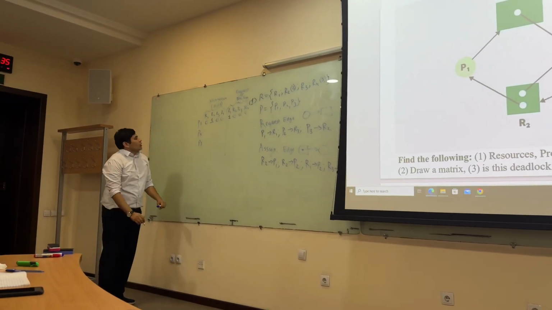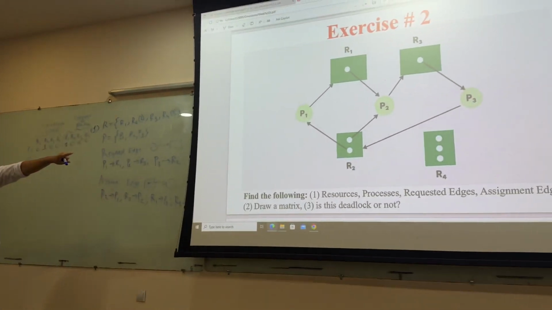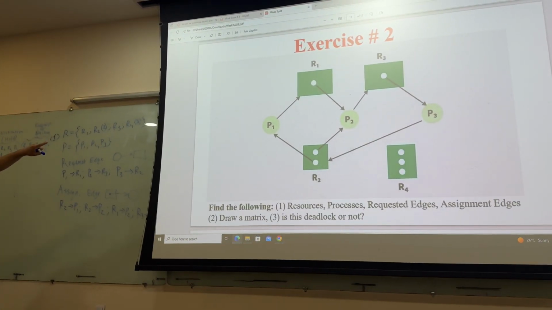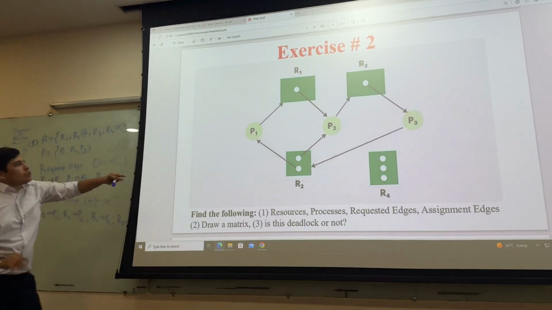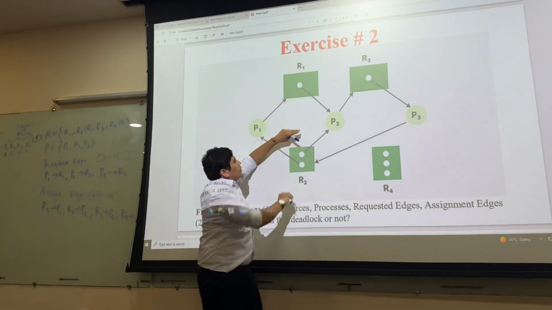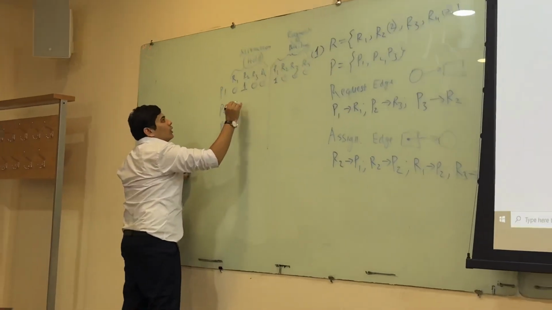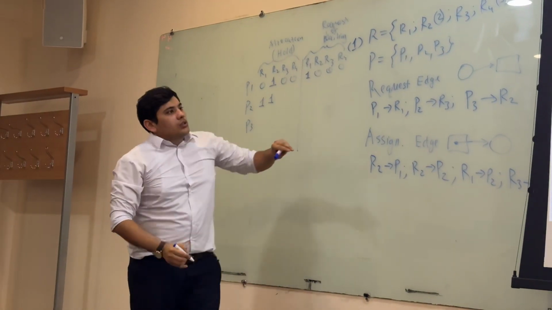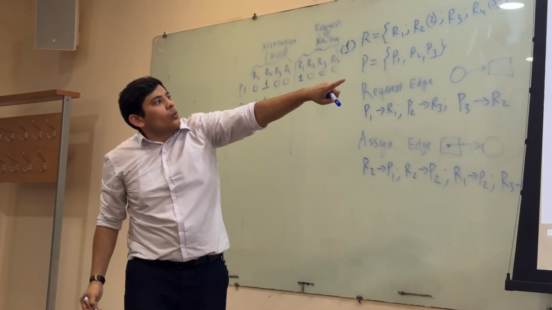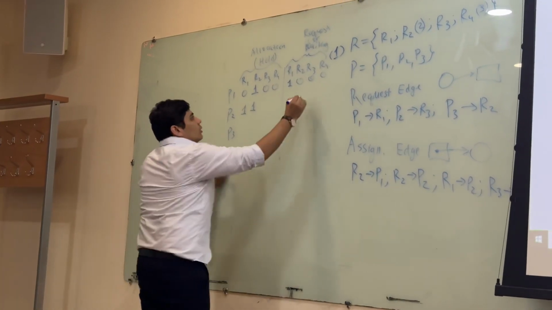And P2 is holding R1 and R2, so R1 is 1 and R2 is 1, and it is requesting R3, so 1.